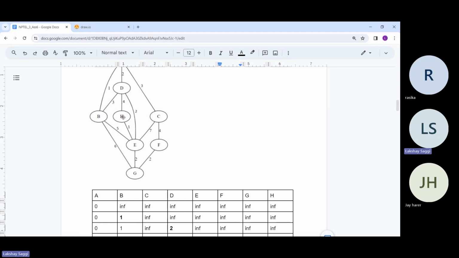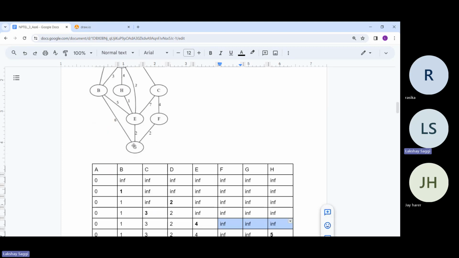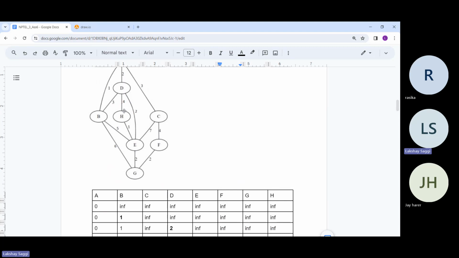For H, the neighbors of H are E and D, right? H has an edge to D and H has an edge to E. Both of these are visited by now, because in this iteration only F, G, and H are unvisited, and A, B, C, D, and E are visited.